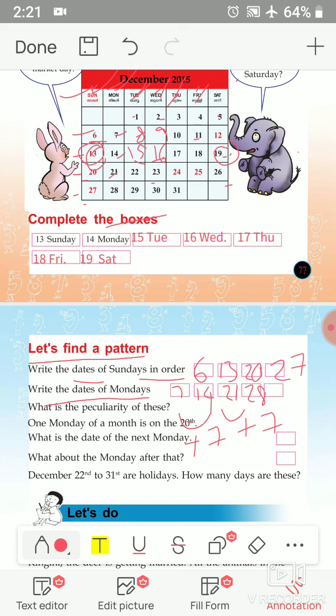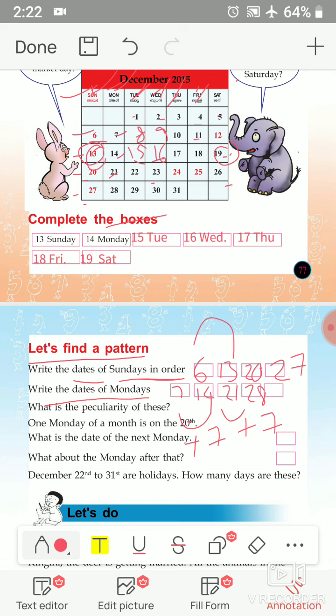Then we have to understand: next Monday we get when 7 is added to the previous Monday. We get the next Mondays. Then look at these Sundays in order. Yes, 6 and 13.